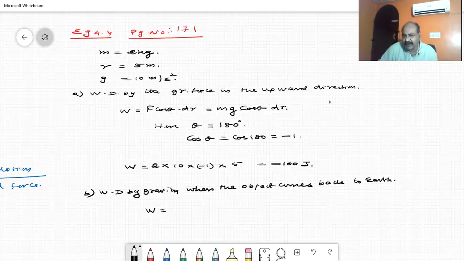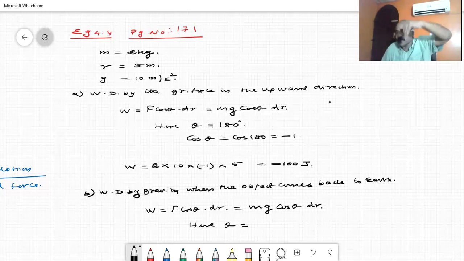W. The same concept. See, let us consider F cos theta into dr, which is equal to mg into cos theta into dr. Here, what is the value of theta? The object is moving in the same direction as that of the gravitational force.